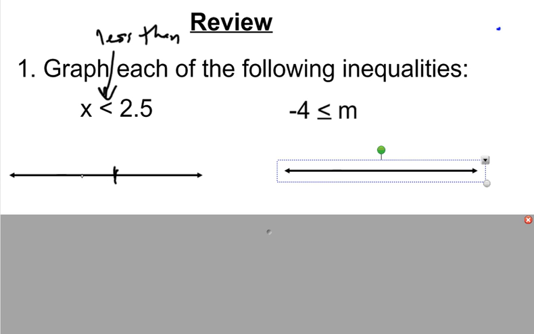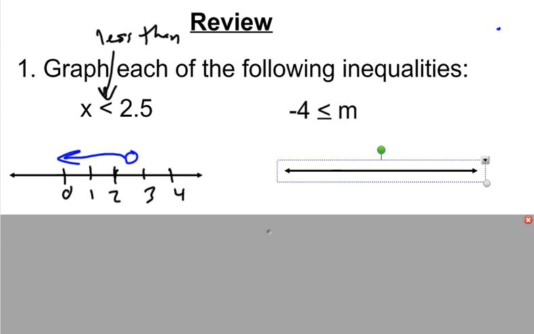Let's have 0, 1, 2, 3, 4, and I'm going to use blue now. 2.5 would be right about here. It's less than, so it's going to be an open circle. It is not less than or equal to. If it was less than or equal to, you'd fill in the circle. But x is less than 2.5, so anything less than 2.5, going that way. So that's how you graph that inequality.